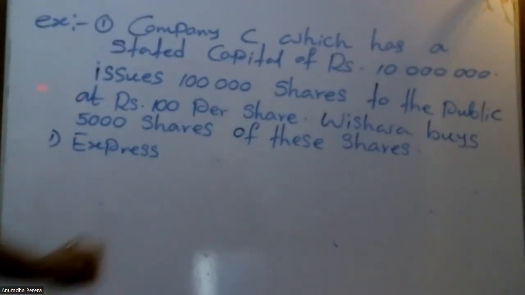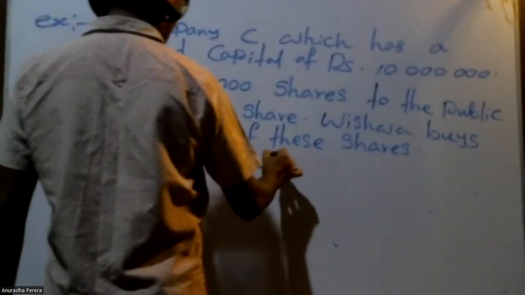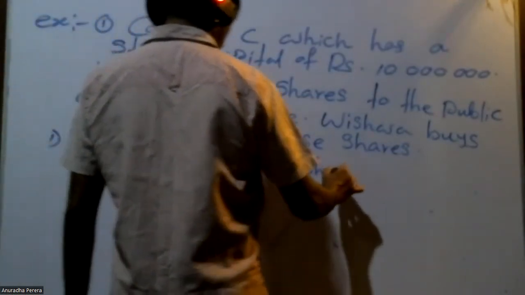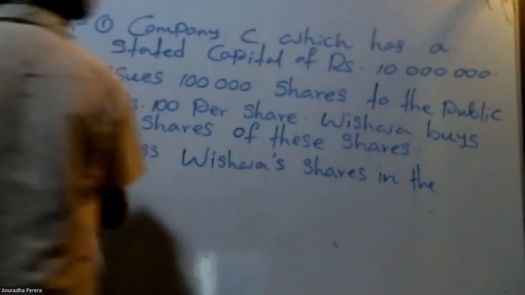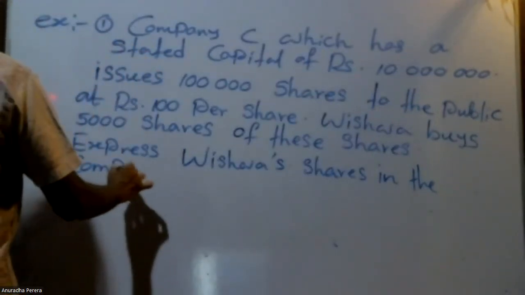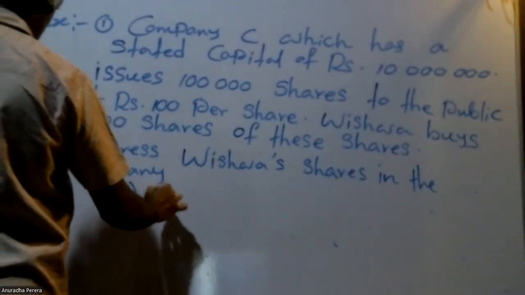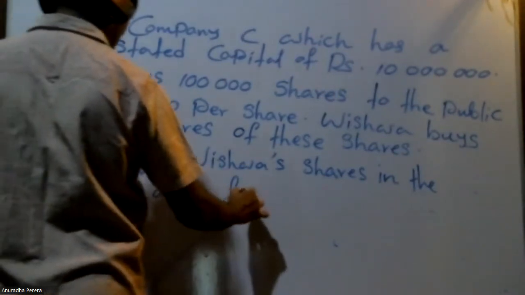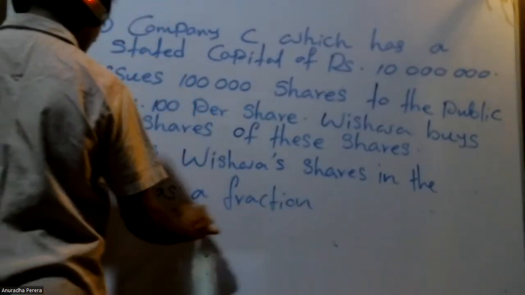The first question: express Vishwa's share in the company, part A as a fraction, part B as a percentage.